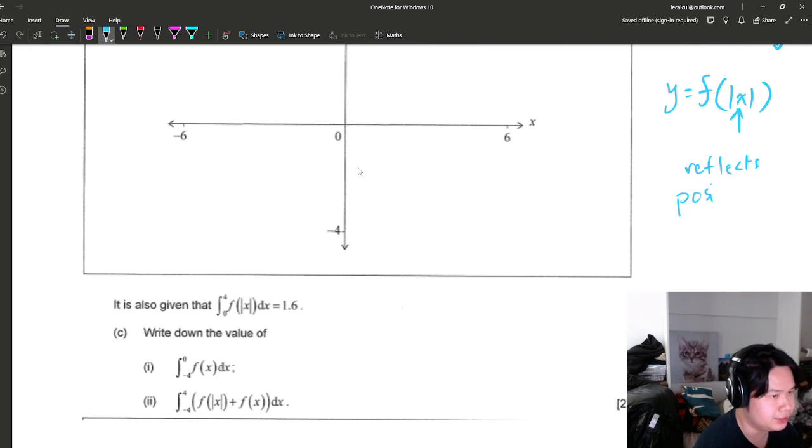As a function transformation, this reflects the positive x across the y-axis. In other words, it makes it even.